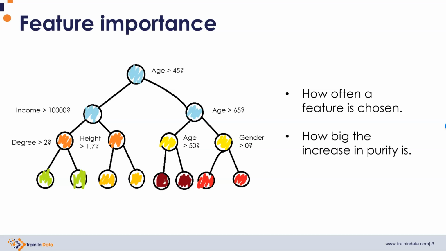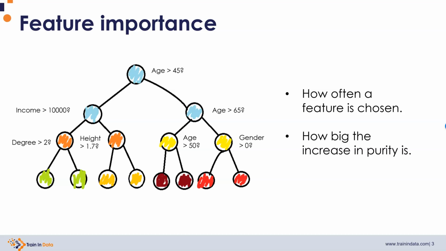So again, if a feature is selected at the top nodes of the tree, in general, it is also going to be more important than those features that are selected later on in the tree. So with this intuition, when you see a diagram of the decision tree, you are able to tell by eye which features are the most important for this tree in order to make the predictions.